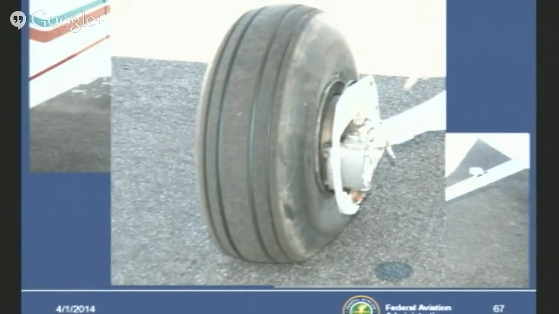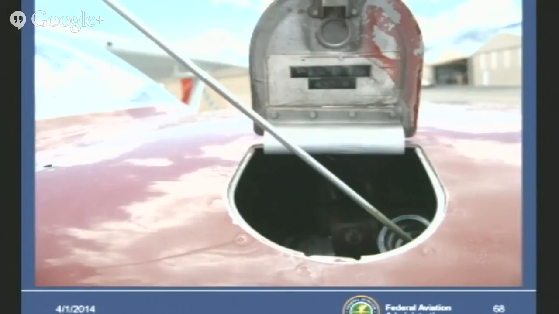A tire that's severely underinflated. If you were not to catch that, you came in and landed, you could actually spin that tire, pull the valve core or the valve stem right off the inner tube, and then you're out. Engine oil level is low, and there's also a missing fastener in the cowling.